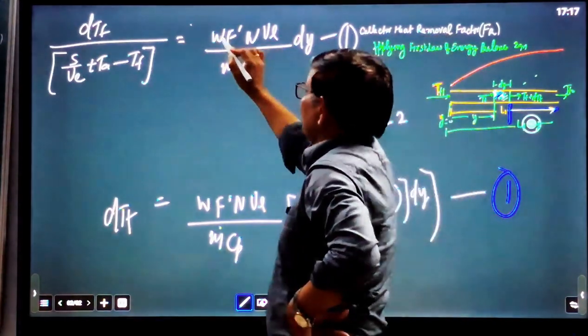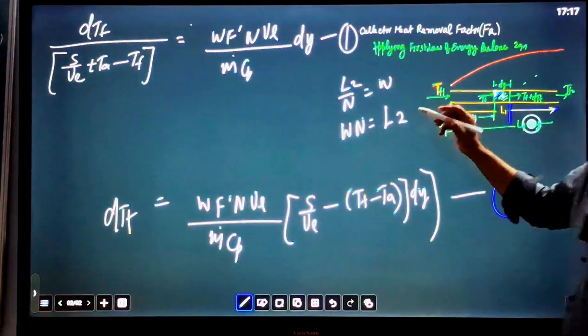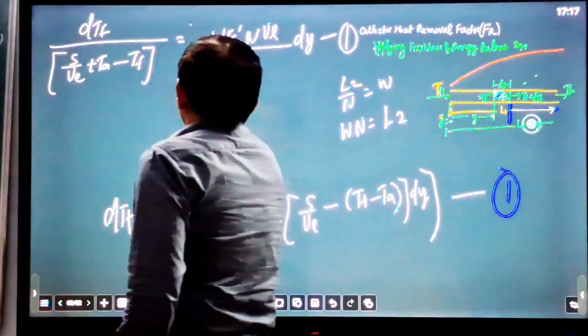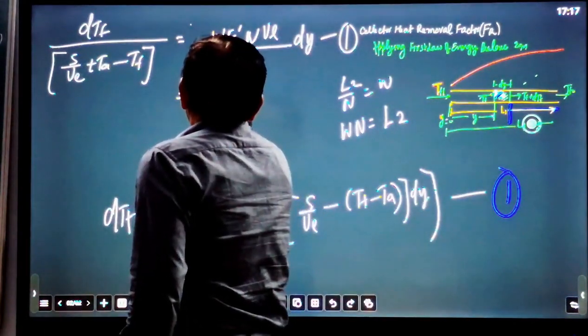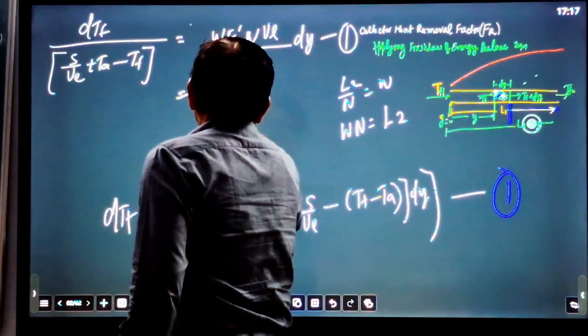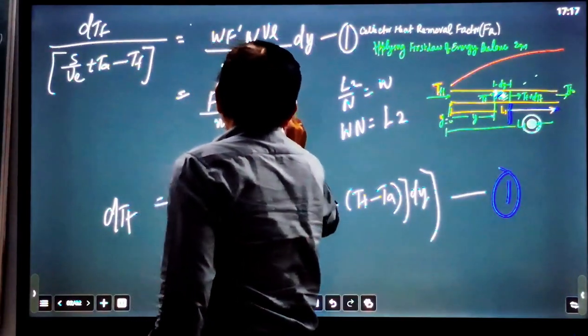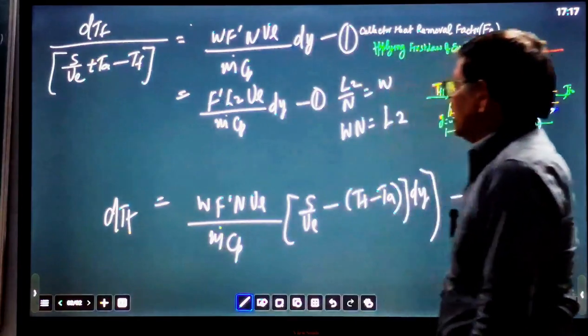So instead of writing two letters, we can write only L2. So this becomes F dash L2 UL upon m dot Cp times dy. This is equation number 1 again, because there is no change.